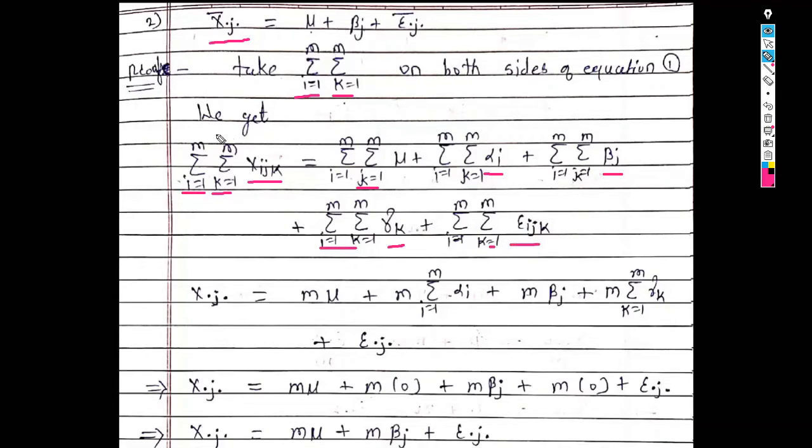Now when we take the summation over i and k of x ijk, the term is the jth column total, that is, the sum of all observations of the jth column.